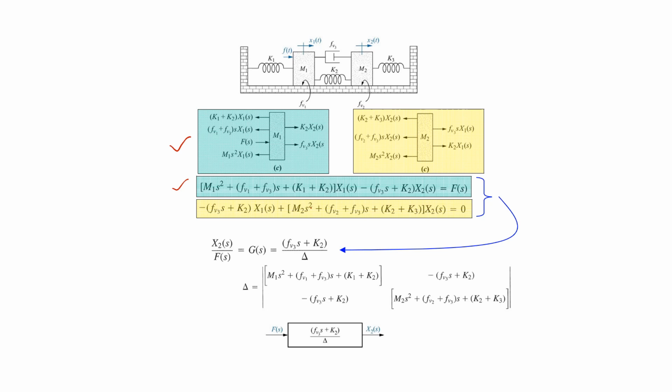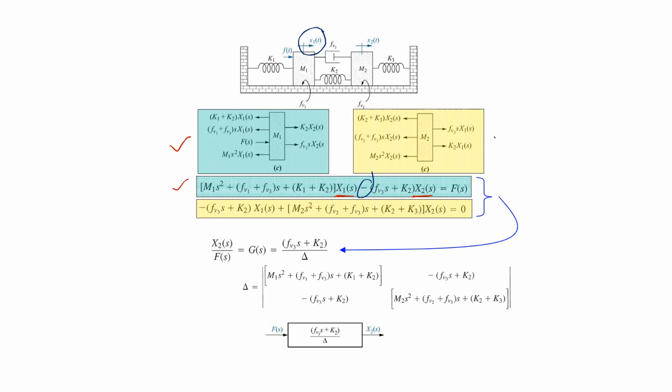can be directly found by the observation-based method. We will just add the corresponding impedances for x1 and x2, and in the case of mass 1, the corresponding displacement x1 will be with a positive sign and the other displacement will be with a negative sign.